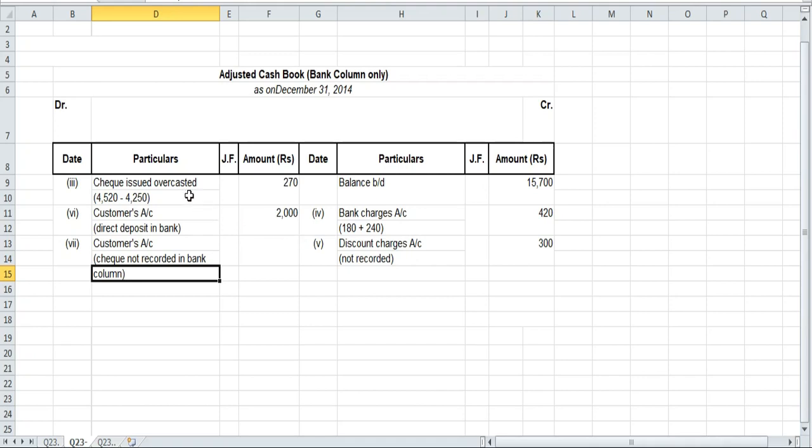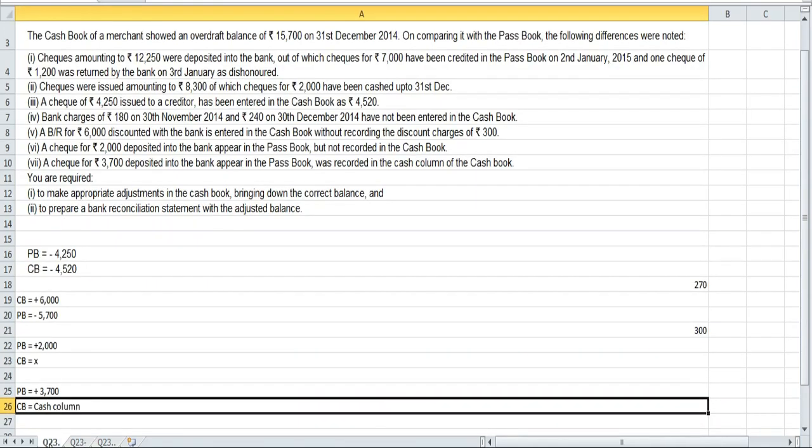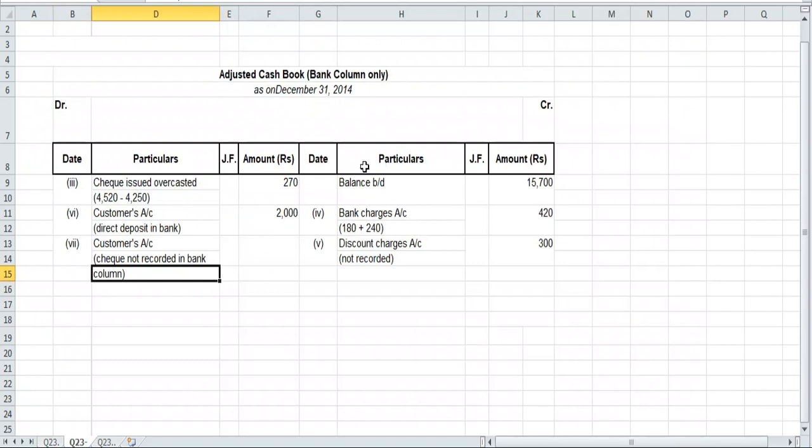By mistake, we were supposed to record 4250 in the passbook, which is correct, but by mistake we have recorded 4520 in the cash book. So what mistakes are we writing here? Any mistake which is done in the passbook, or it is entered in the passbook but not entered in the cash book. Okay, now we are done with this.